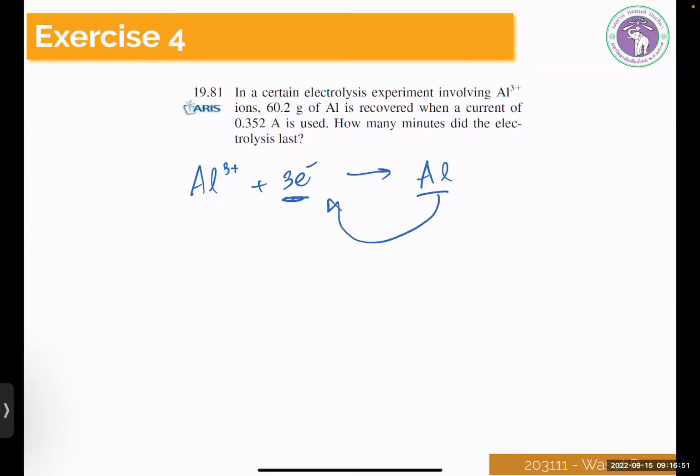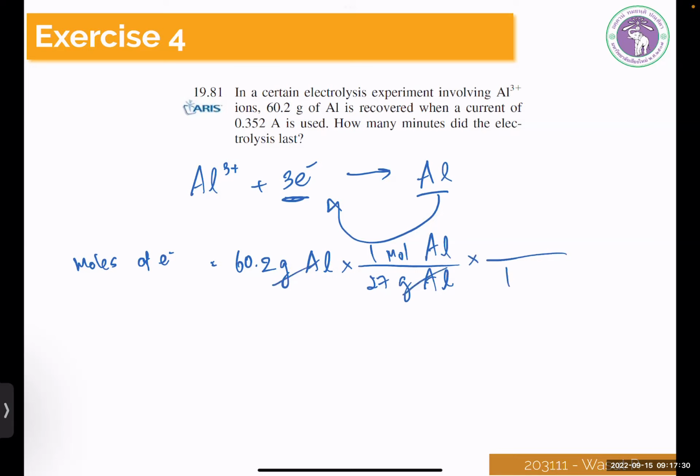How do you do that? Moles of electrons equals 60.2 grams of aluminum times, what's the molar mass of aluminum? Aluminum is 27 grams per mole, right? So now I have moles of aluminum. And then I have to convert moles of aluminum into moles of electrons.